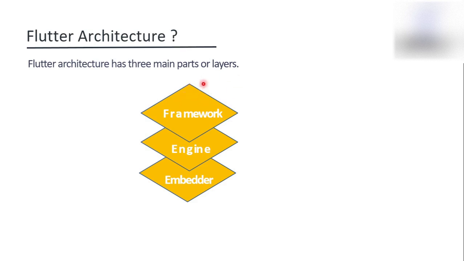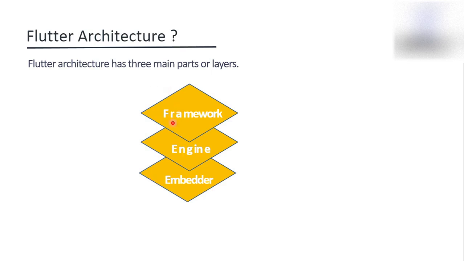When we write code for Flutter and design the widgets, we are working on this layer. All layers are dependent on each other. The upper layer is dependent on the lower layer. The framework layer is dependent on the engine layer, and the engine layer is also dependent on the embedder layer.